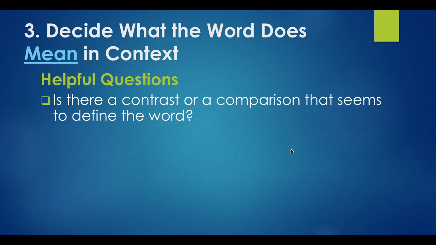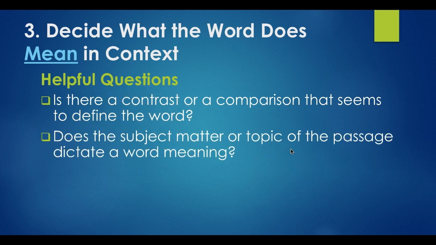Because I see the contrast between crouching down and then the word spring is used, and that contrast makes sense. Maybe the second question is helpful. Does the subject matter or the topic of the passage at large dictate a word meaning?